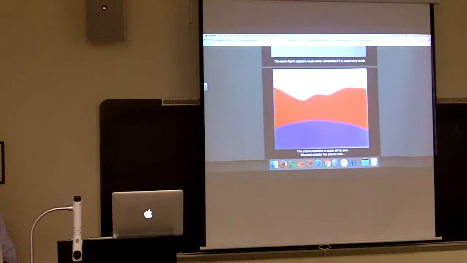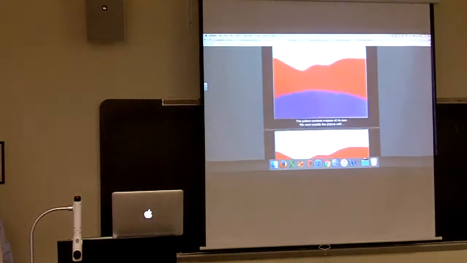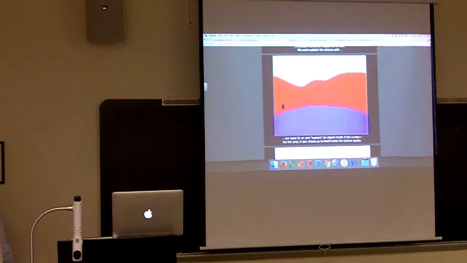This picture contains a space all its own. We exist outside the picture until our eyes fix on and capture an object inside it, like a prey, but the prey in turn draws us to itself inside the picture space.